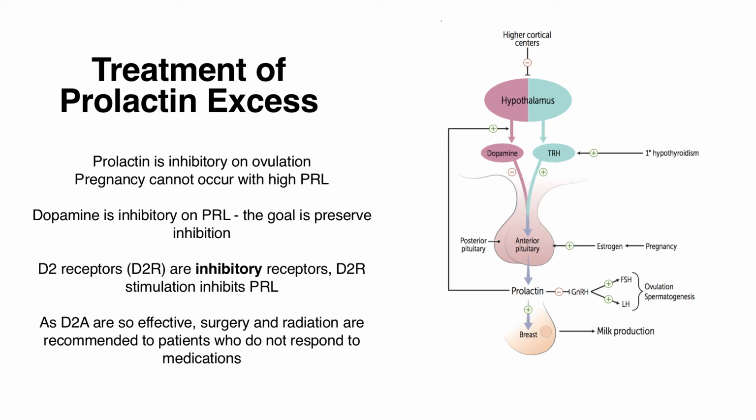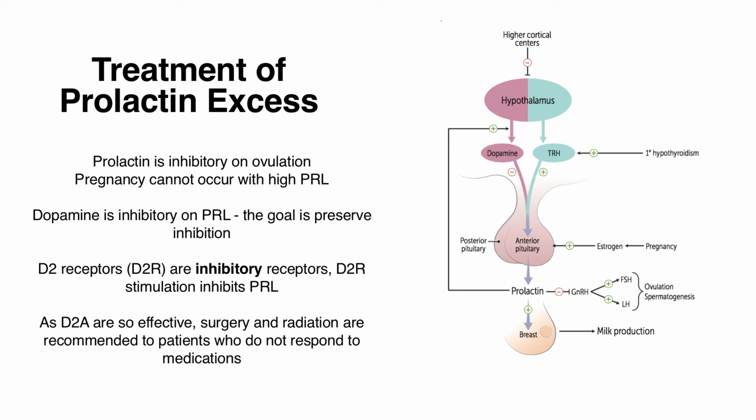That means if somebody is attempting to get pregnant, if they have hypersecretion of prolactin, they will not be able to get pregnant because of the way prolactin works to inhibit ovulation through the HPG, or hypothalamic pituitary gonadal axis. So we want to fix this not only to get rid of galactorrhea, but also to allow pregnancy to occur in somebody who has too much prolactin and it is inhibiting that response.